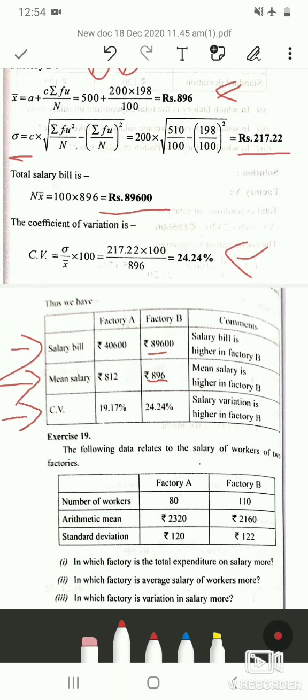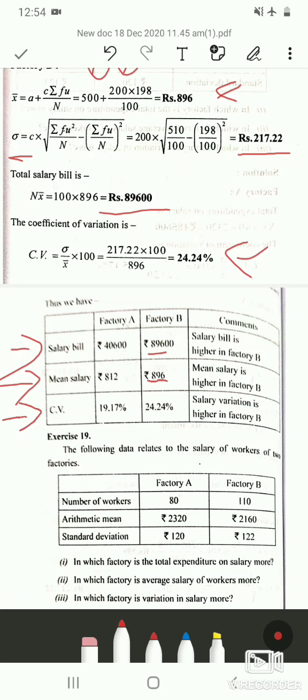So the next sub question is we have to see salary variation. So we can check for coefficient of variation. For factory A it is 19.17% and for factory B it is 24.24.